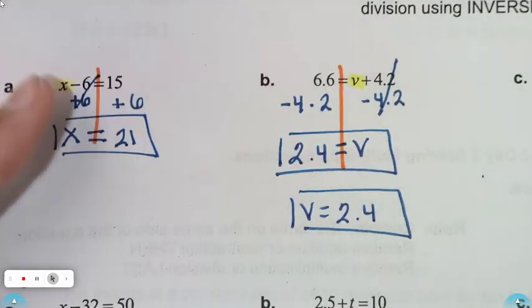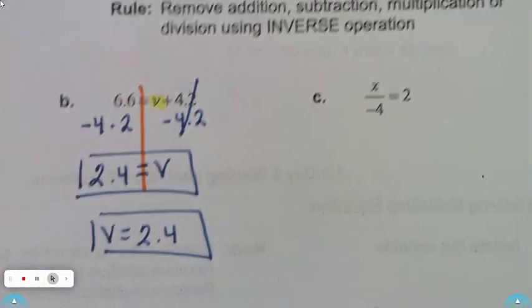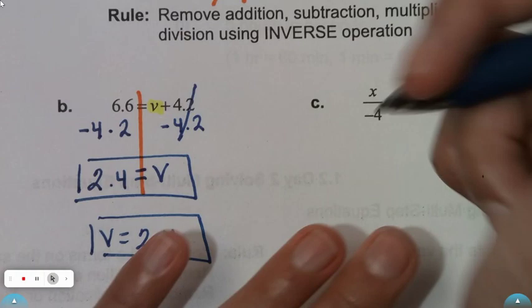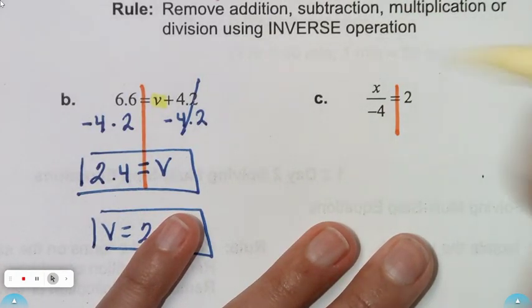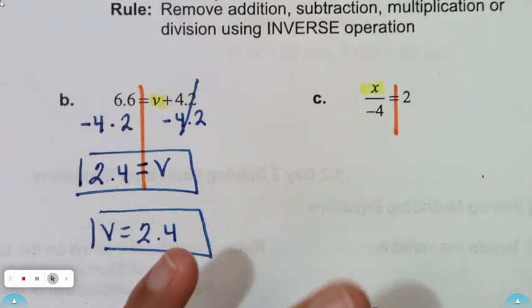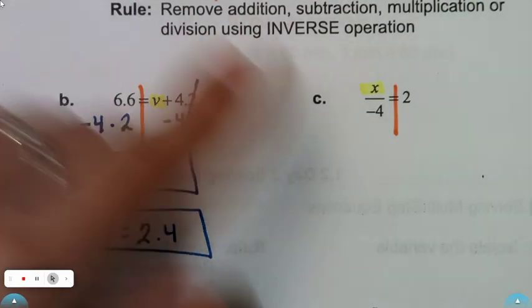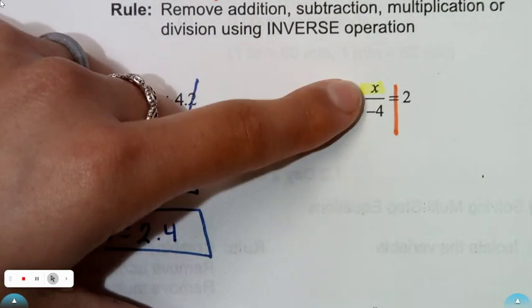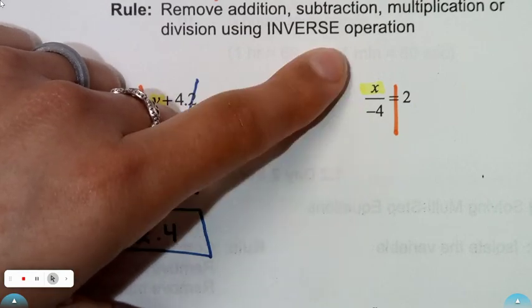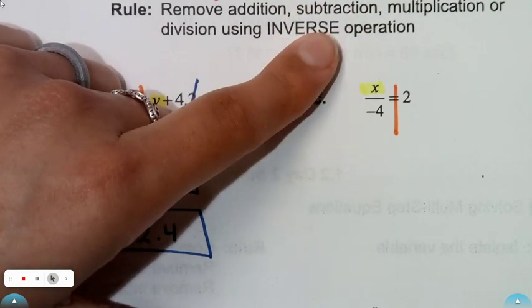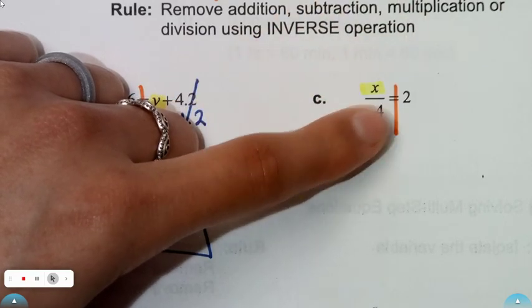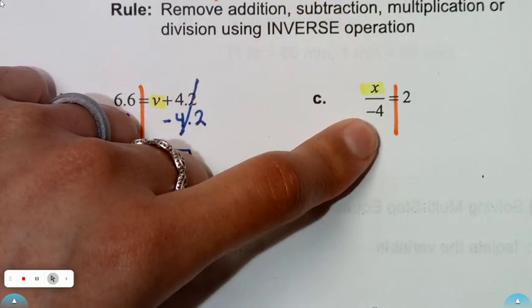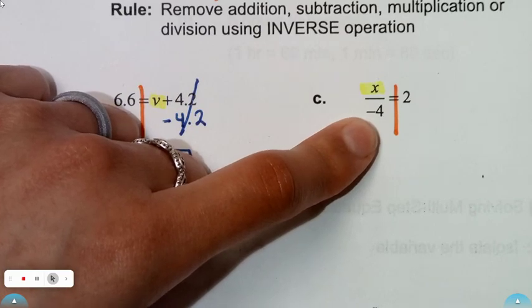All right, let's talk about letter C. Here, you can still draw your line. Identify your variable. And so here on the left, I'm dividing, right? That's x divided by -4. The opposite of division is multiplication. To get rid of this fraction on the bottom, I'm going to multiply by -4 because that's the number on the bottom, my denominator.